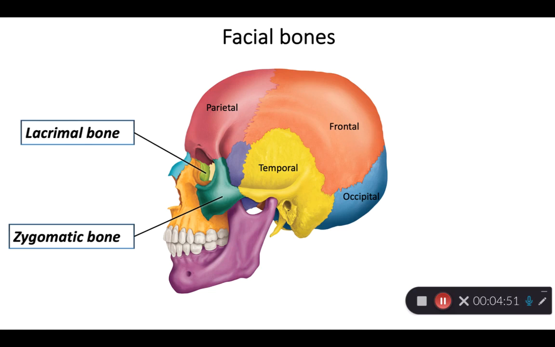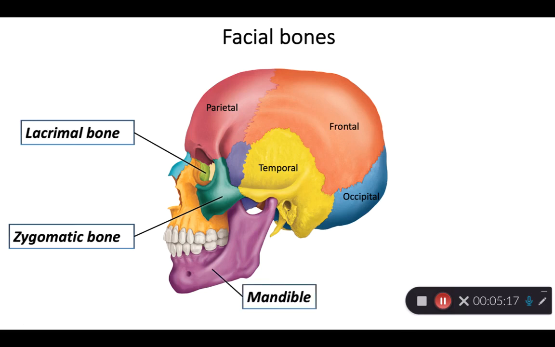So these lacrimal bones actually form a small little opening here called the nasolacrimal canal. And the tears that drain off your eye collect in this little nasolacrimal canal and drain into your nasal cavity. All right, so these are just two little bones that help form that little drainage canal for tears.